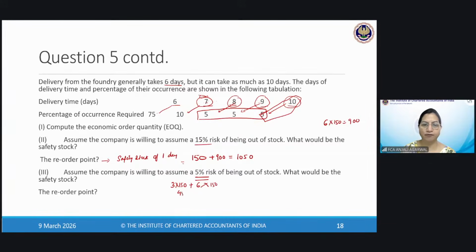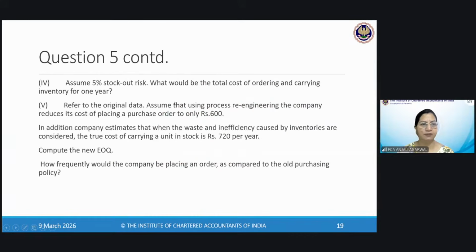So 450 plus 900. Then your reorder point would be 1350. So you are taking only 5% risk, which means you are not ready for the 10th day, but you are keeping a stock of 7th, 8th, and 9th day if it goes beyond 6 days.